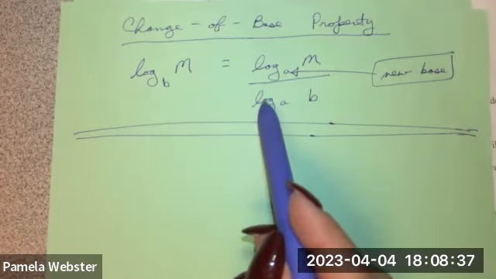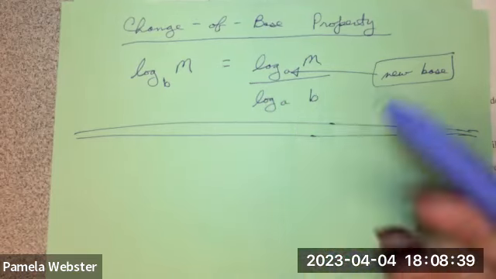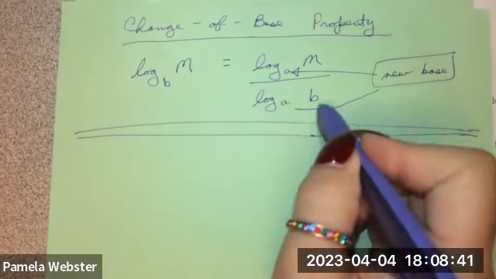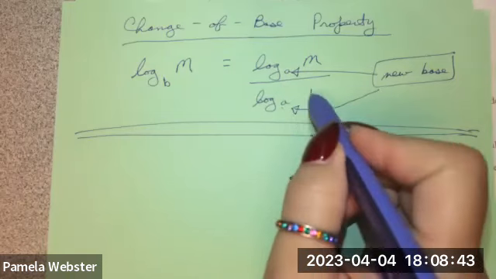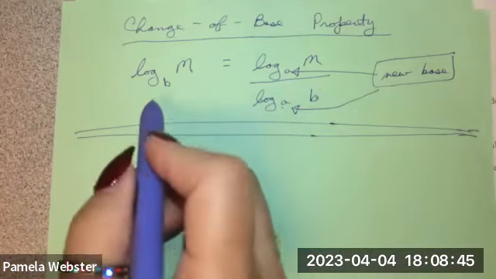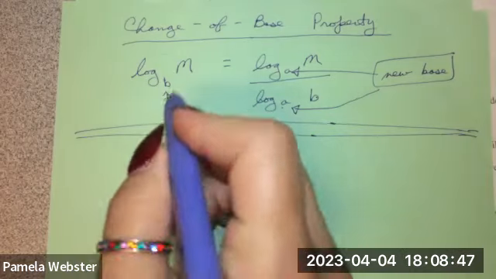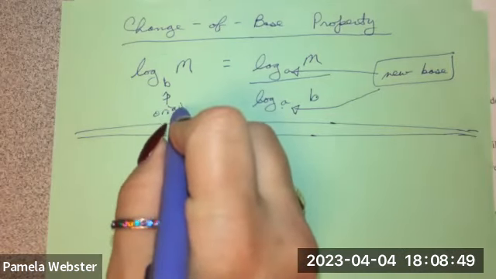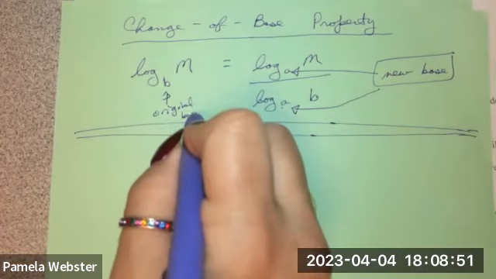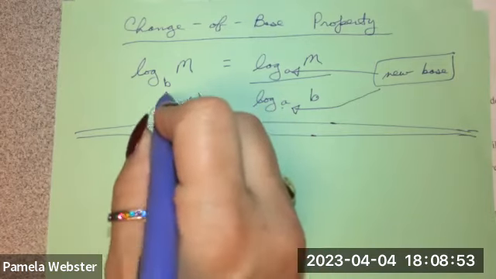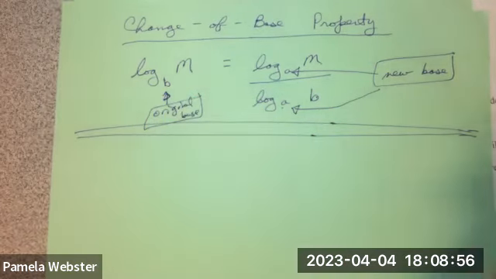And then on the bottom, you've got log with, again, your new base, okay? Log base A of B, where B is the original base, right? It's the one I started with. It's the 7 or whatever weird number they gave me that I don't really know how to work with.